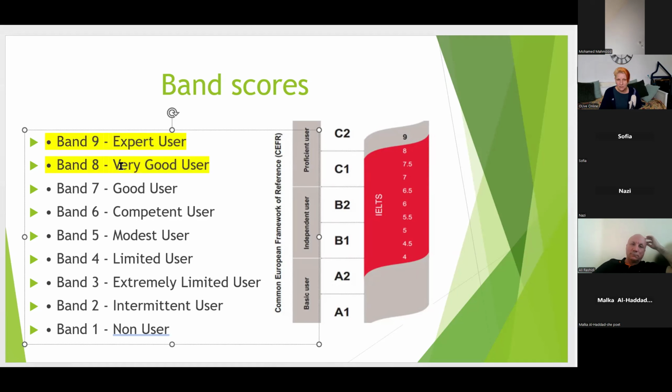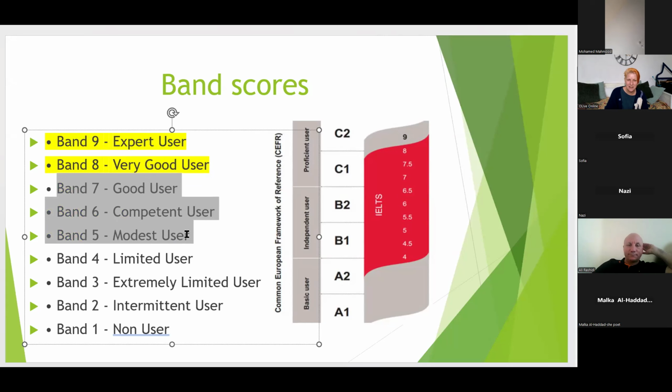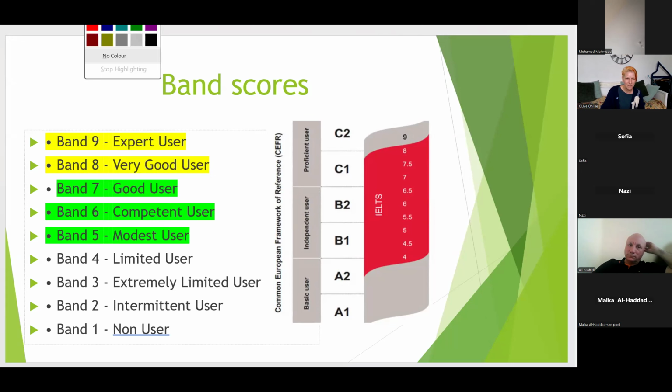All right, so if a question is there to allow them to mark one person at band 9 and one person at band 8, that question is not necessarily going to be the question that a band 6 or band 7 or band 5 user is going to be able to answer.